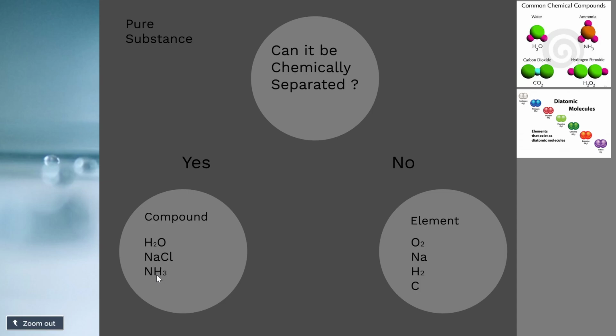NH3 is ammonia, and that has two elements in it. So all of these have at least two elements in them. So all of these could end up being chemically separated. If you pass electricity through H2O, you'll be able to separate it.